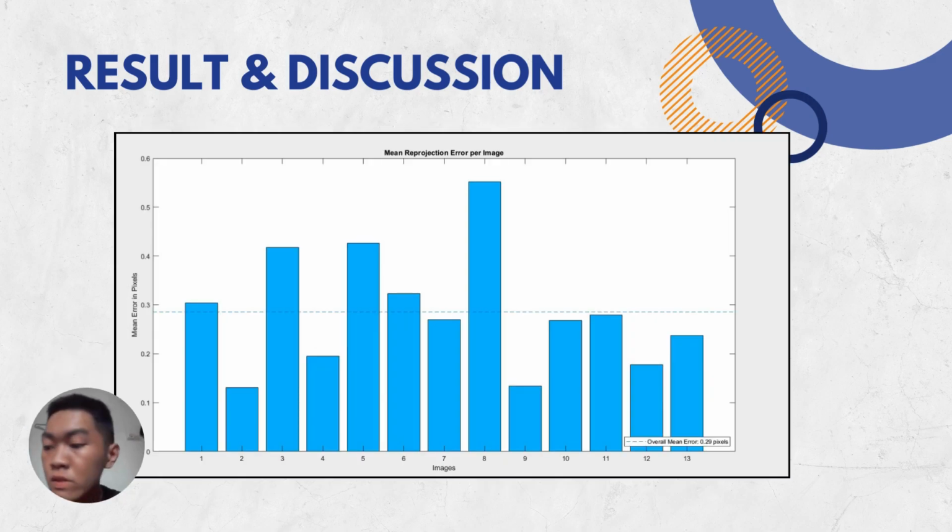Okay, Doctor, so this is the graph of mean error in pixels. As we can see, there are 13 pictures for this assignment.